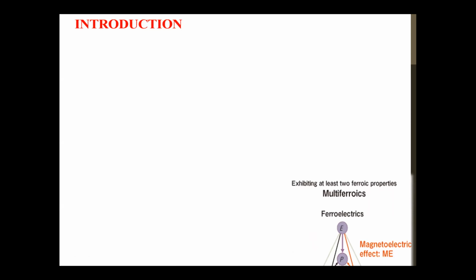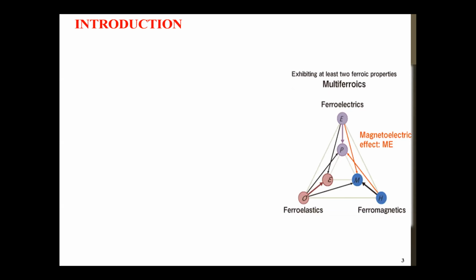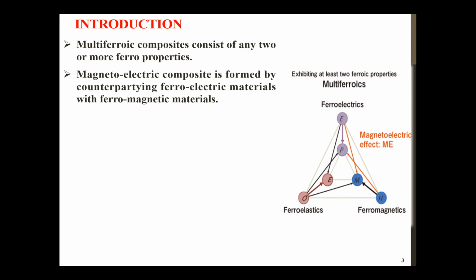So basically, we need to understand what multiferroic is. Multiferroic is a solid-state compound having two or more ferroic properties, which can be ferroelectric, ferroelastic, and ferromagnetic. Magnetoelectric composites are those composites having coupling between ferroelectric and ferromagnetic counterparts. Nowadays, the focus of researchers has shifted to magnetoelectric properties because of their functional properties for day-to-day applications.